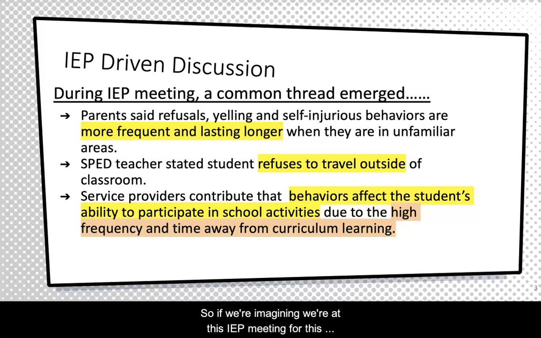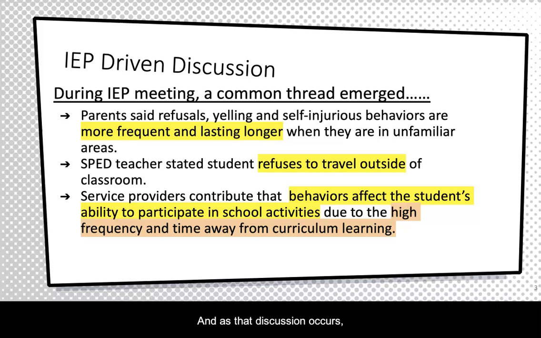So if we're imagining we're at this IEP meeting for this student and a discussion starts to occur, which then becomes a common thread as the parents share something that they're experiencing with their child at home, which is that their child refuses, yells, injures themselves when they're asked to go into unfamiliar areas. And as the team tries to dig into what that means, it sounds like it's kind of transitioning into new areas or traveling between areas.